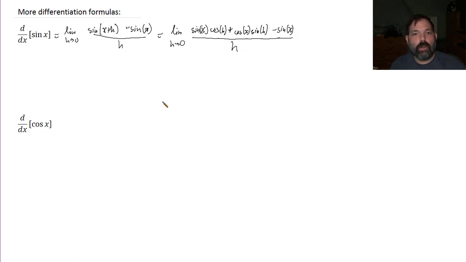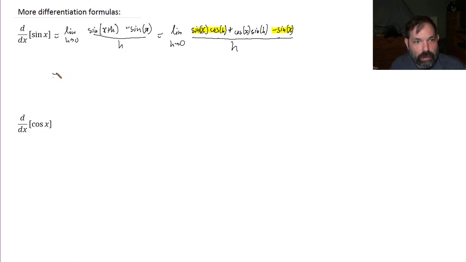So that's the sum. I use the sum identity for the sine function. Now I'm going to rearrange this and regroup things a little bit. I'm going to put the two terms that have the sine x together, and factor that out.